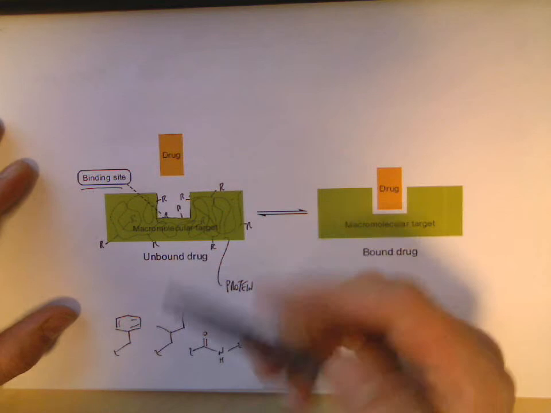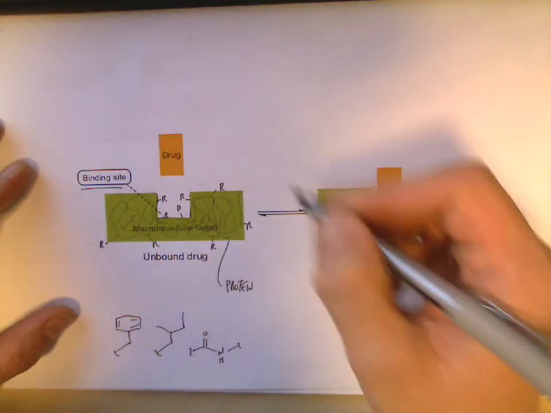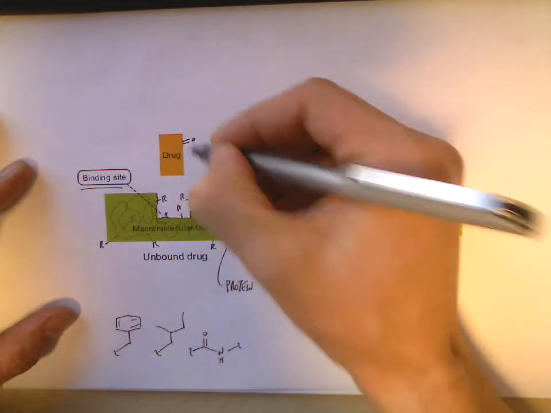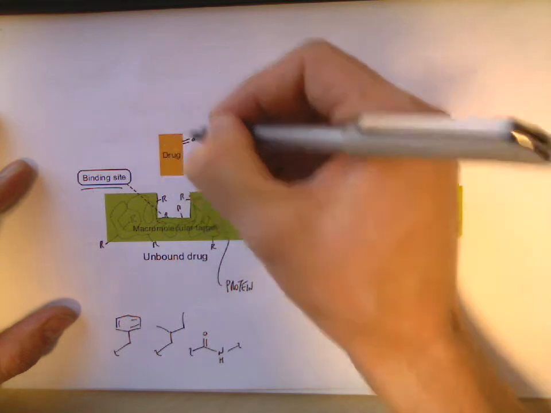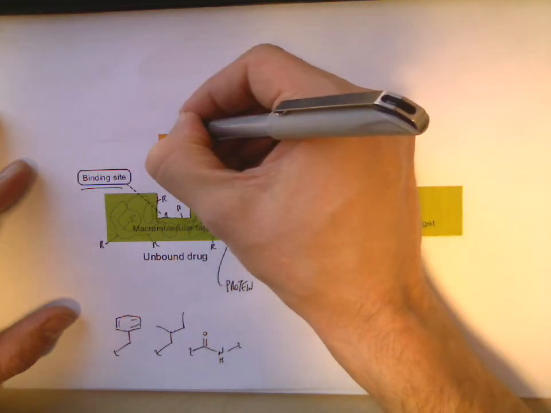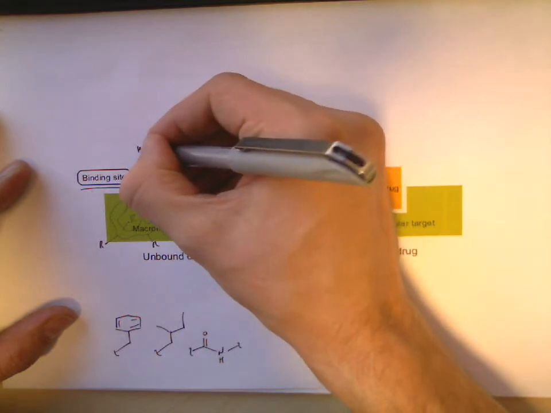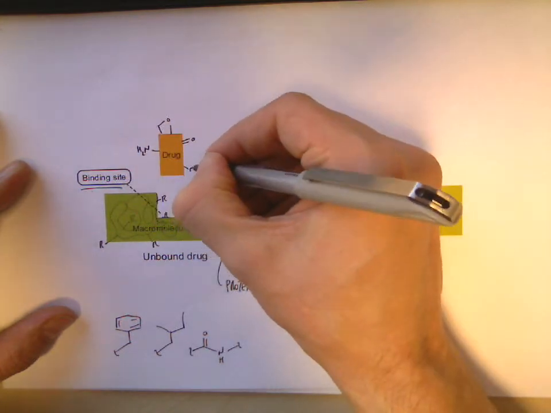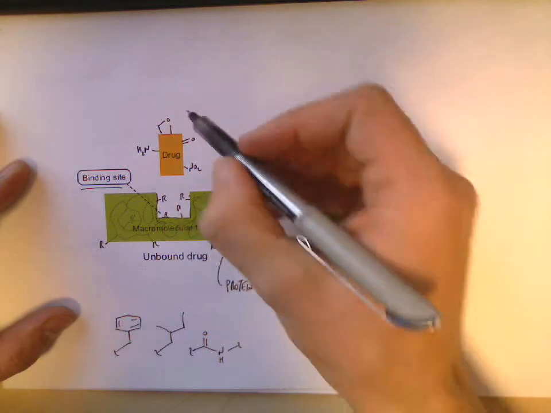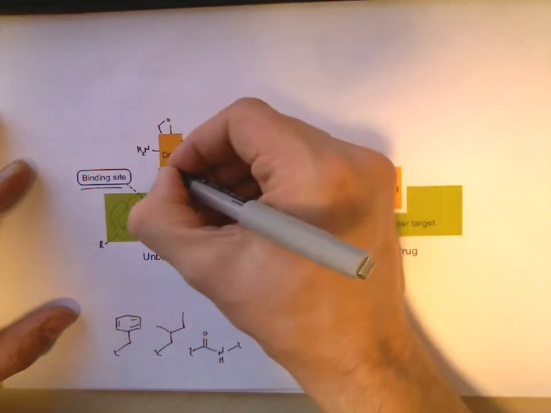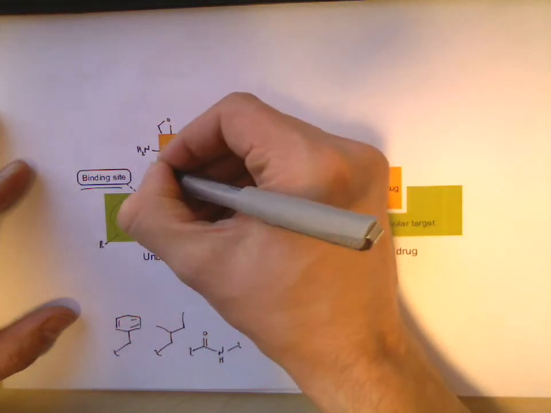What's going on? One of the things you need to consider is that your drug also has functional groups around it. So you may have amines, you may have ketones, you may have ethers, you may have esters hanging off your drug.